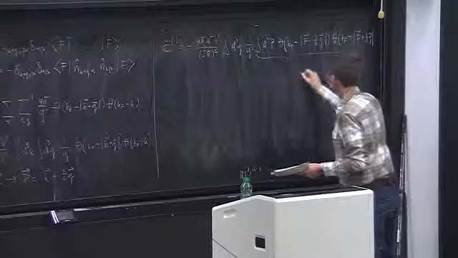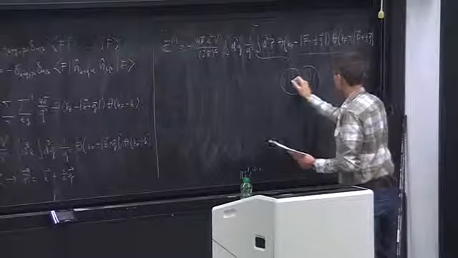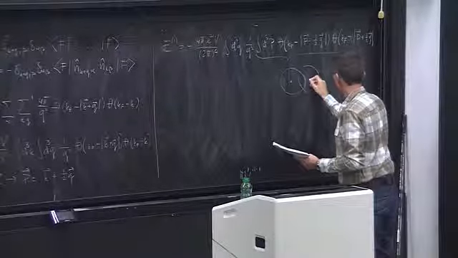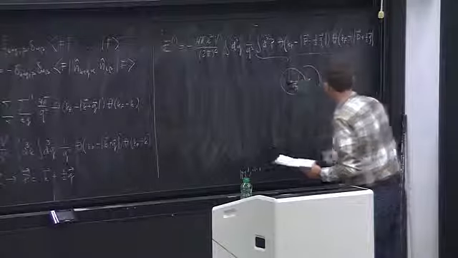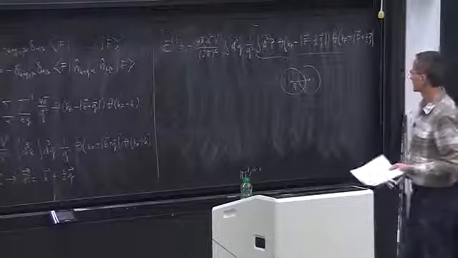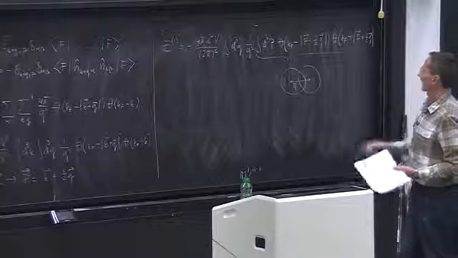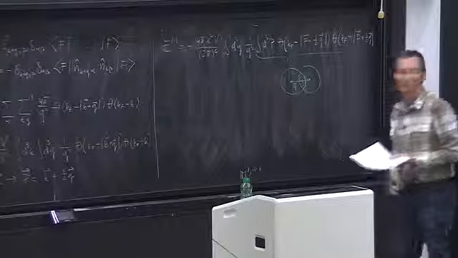So basically, there are two spheres in momentum space whose centers are displaced by q.